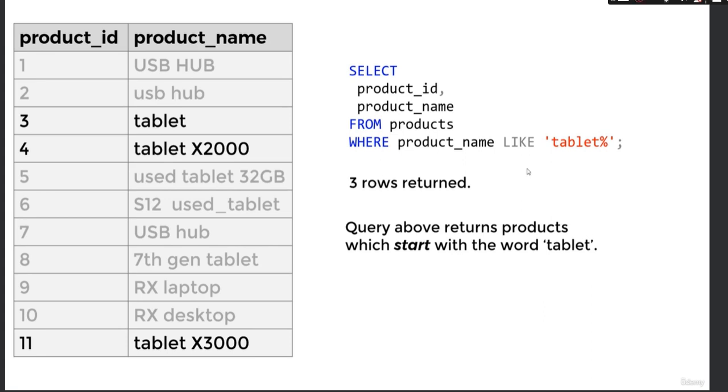So this is going to search for the word tablet at the start of the product name, and because we have a percentage sign, this means that the word tablet can be followed by 0 to any number of characters. So we get 3 rows returned, products named Tablet Text 2000, Tablet Text 3000.